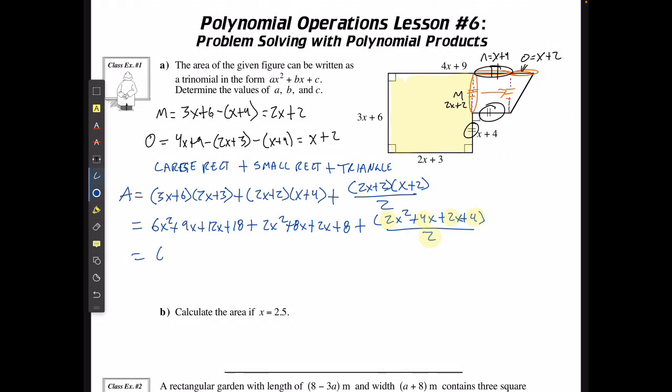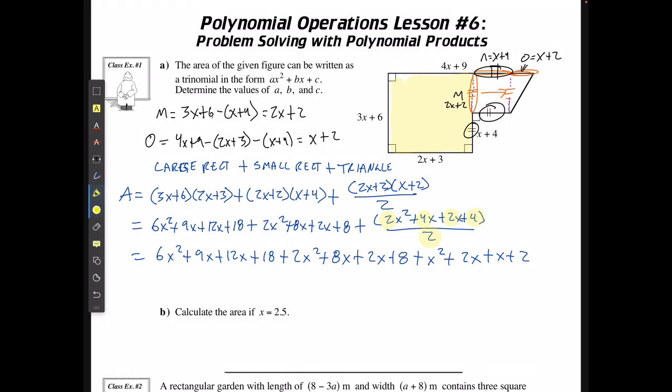So really what I have is 6x squared plus 9x plus 12x plus 18 plus 2x squared plus 8x plus 2x plus 8 plus 1x squared plus 2x's plus x plus 2 when I've divided everything by 2.